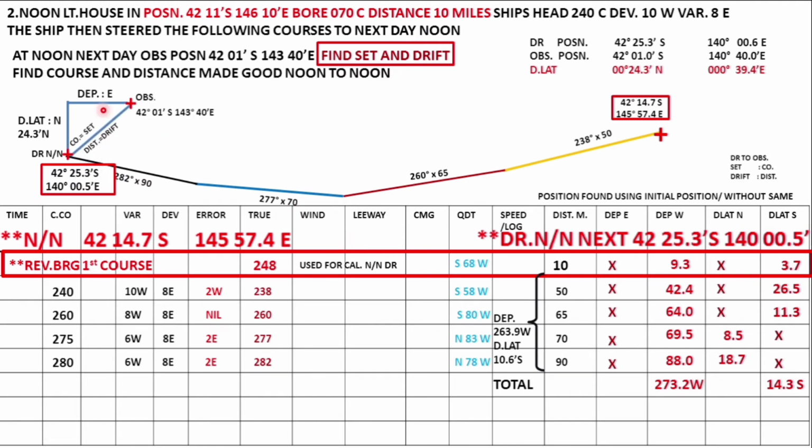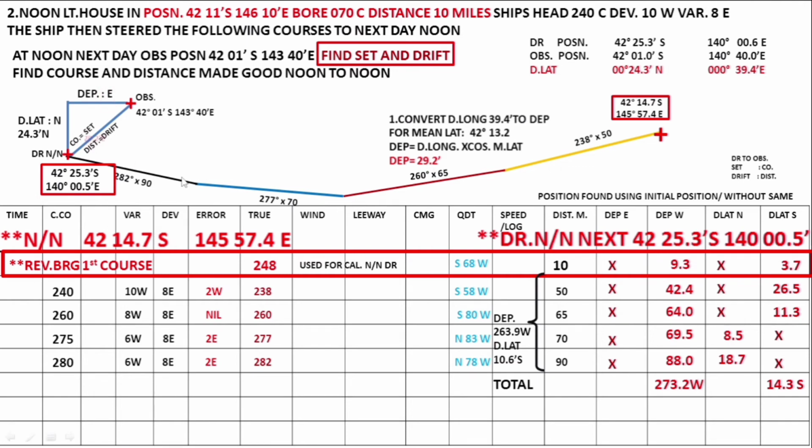Now the course from DR to observed is my set, and the distance from DR to observed is the drift. Now you can convert your D long of 39.4 into departure for the mean latitude between these two, and you get the departure as 29.2.